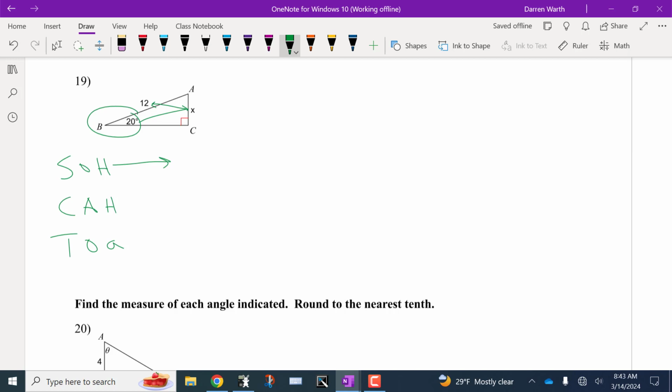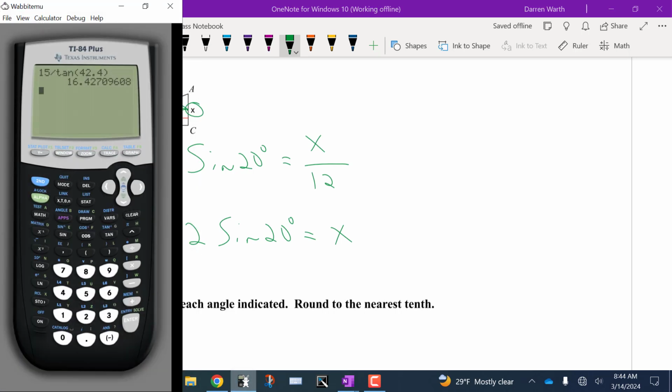So substituting that in, I've got the sine of 20 degrees. It's going to equal my opposite, which is going to be x, over my hypotenuse, which is going to be 12. So now to solve that, I'm going to multiply both sides by 12. So I got 12 times the sine of 20, all equals x. Now that I know that, I'm just going to put it in my calculator.